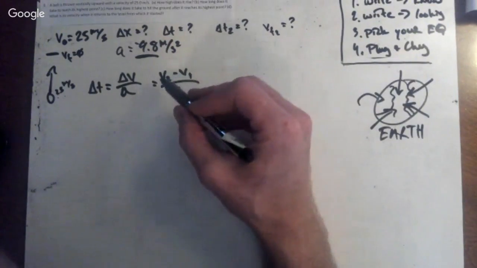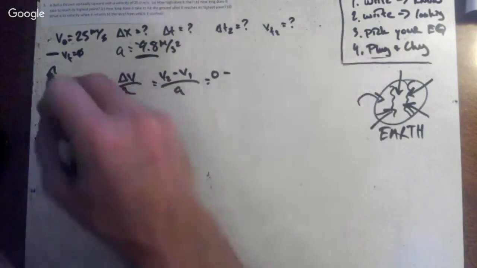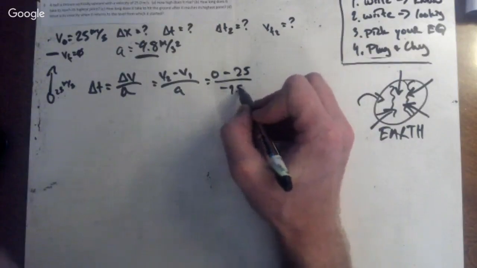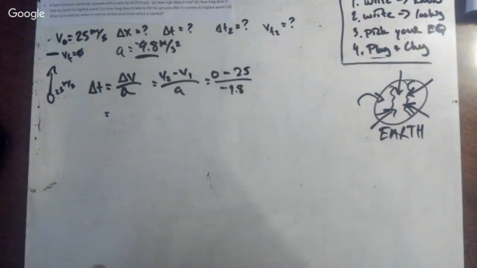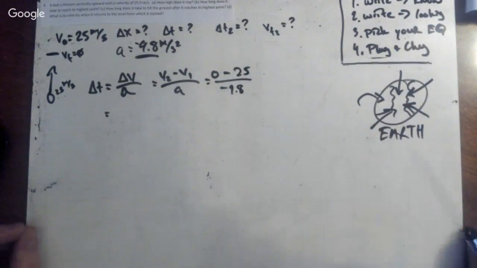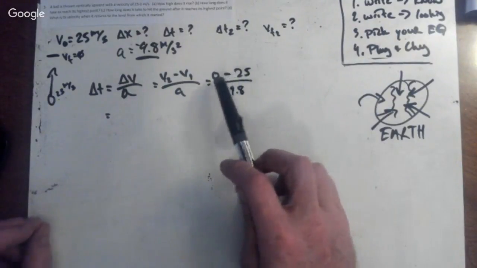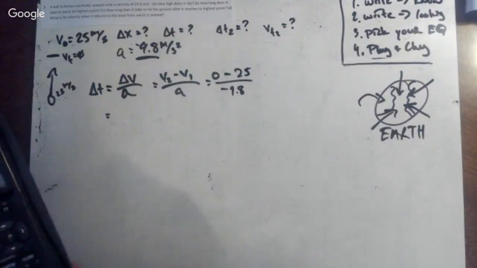Okay, so our final velocity, like we said, is 0. So 0 minus our starting velocity of 25, divided by negative 9.8. Now, we can see here why it's so important to keep our directions straight. Because of the way this is, our change in velocity is actually negative, divided by a negative acceleration.